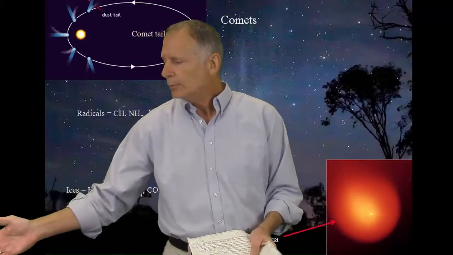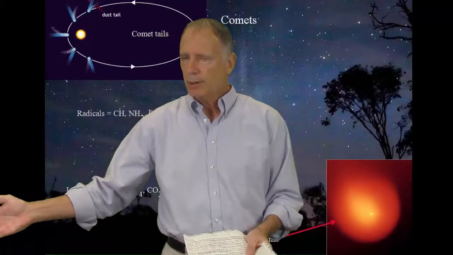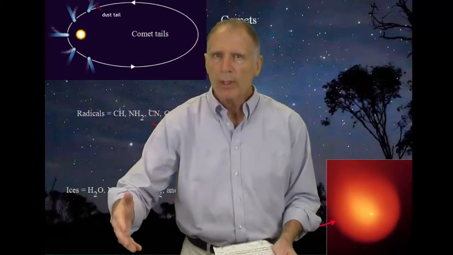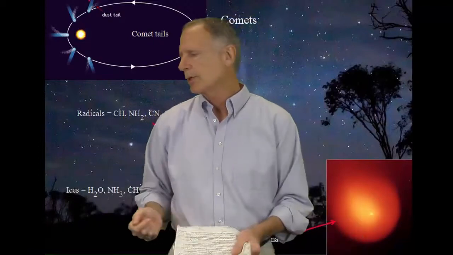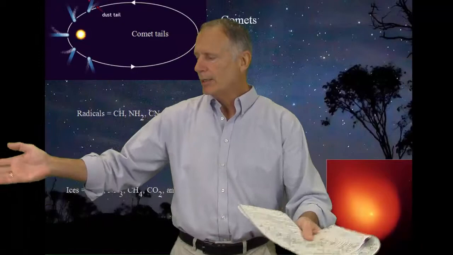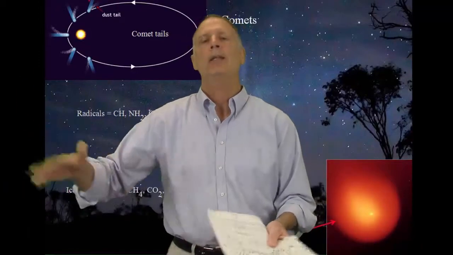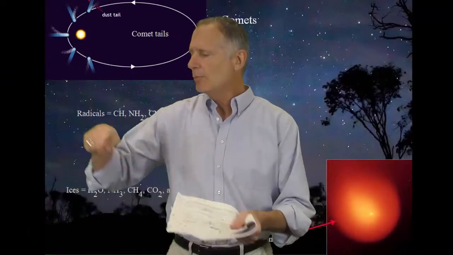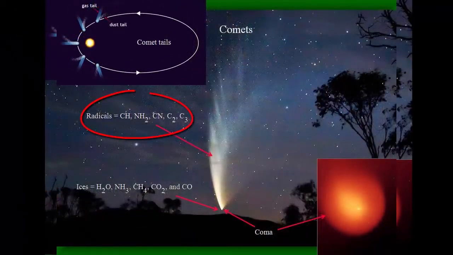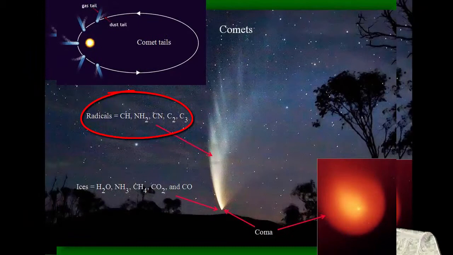Now the comet is made up of these ices, but it also has particles in it too, dust particles. And the tail that's being generated from the solar wind striking the comet sends mostly these gases off into space, and it breaks down the ices into various compounds which are called radicals.